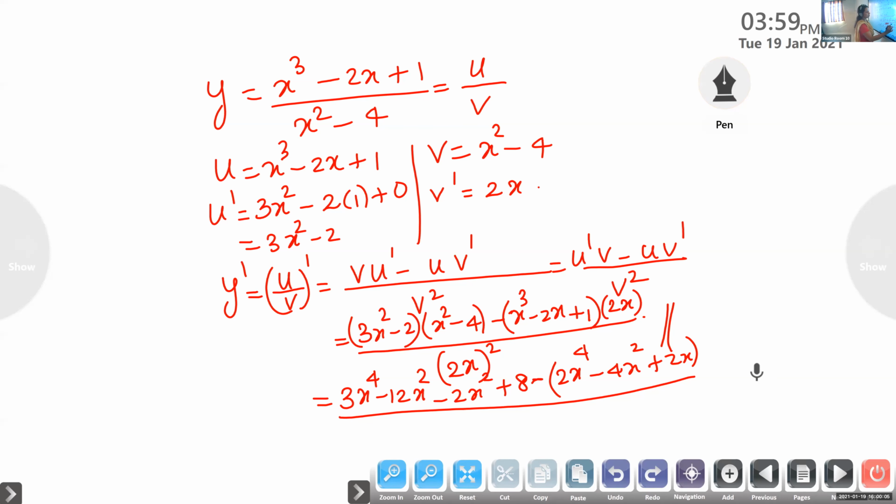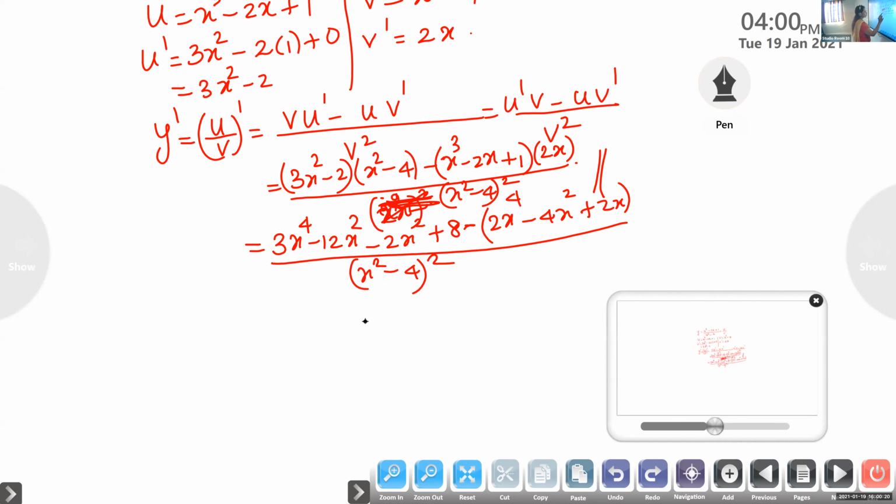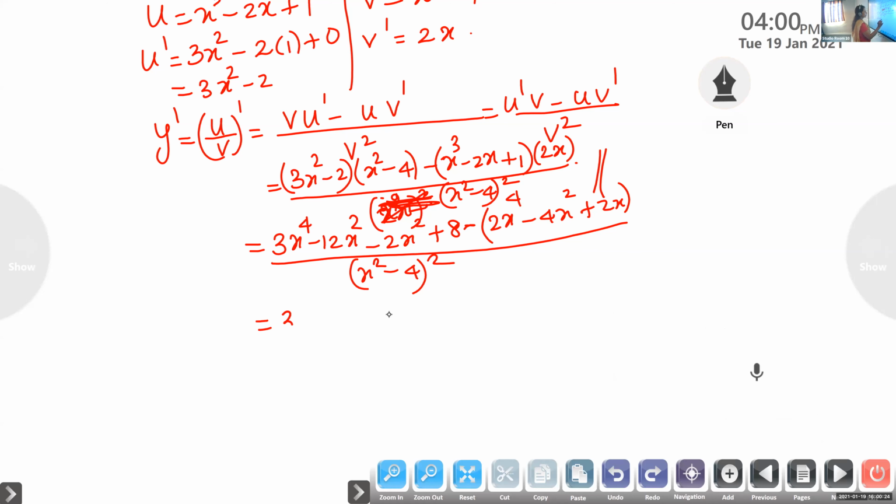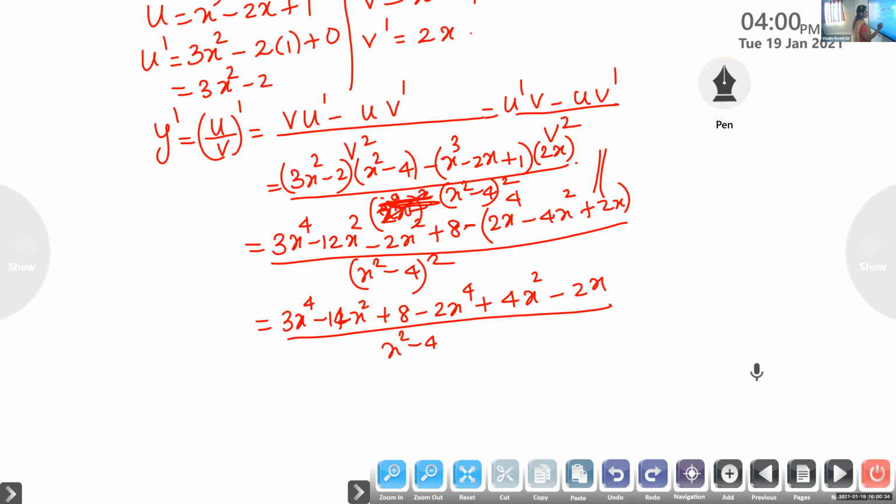X square minus 4 the whole square. When you expand it, you'll get 3x raised to 4 minus 12x square minus 2x square, which means minus 14x square plus 8 minus 2x raised to 4 plus 4x square minus 2x by x square minus 4 the whole square.